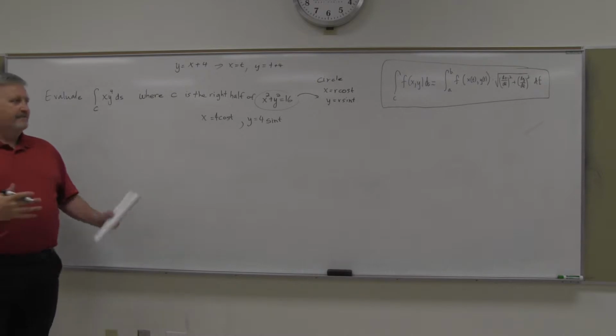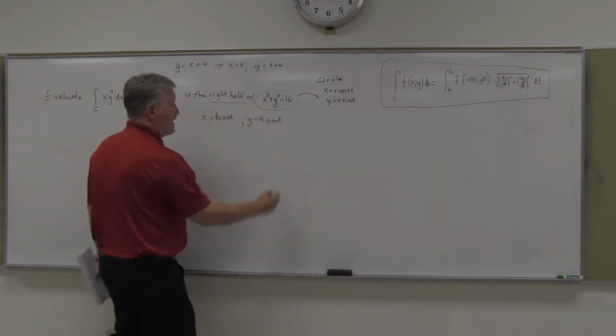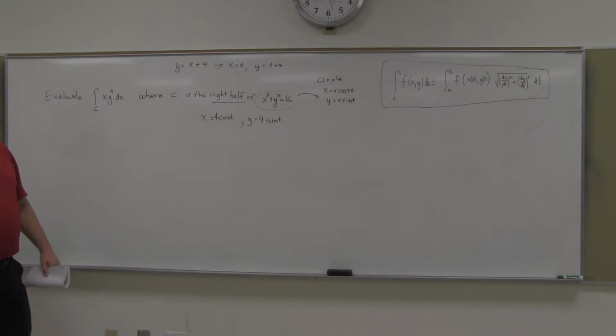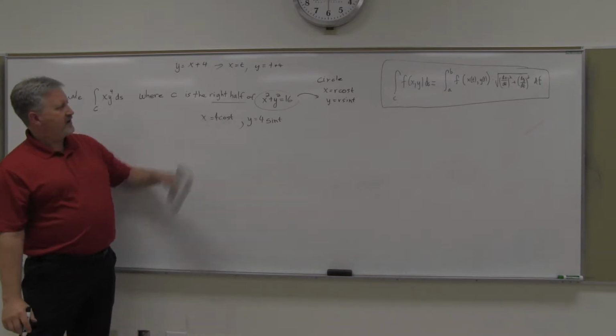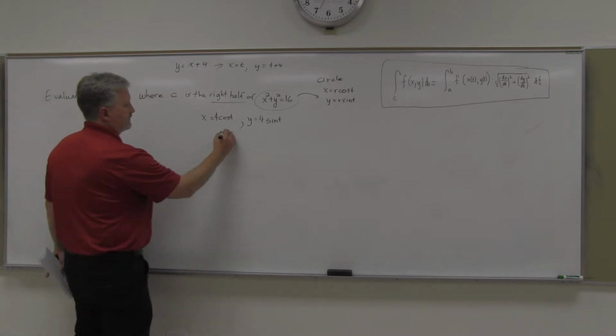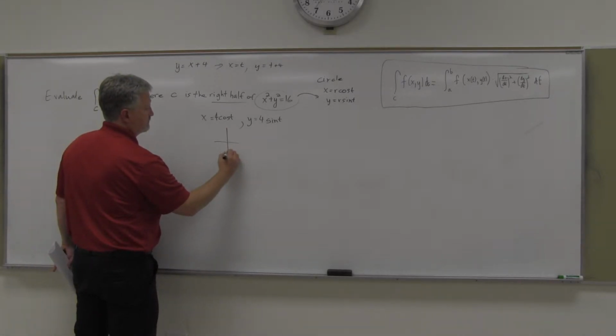Okay? Now, to get just the right half, I'm going to have to limit t here, and that gives me my a and b. So what values of t would give me the right half of my circle?